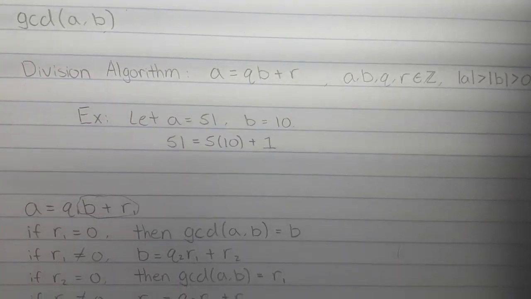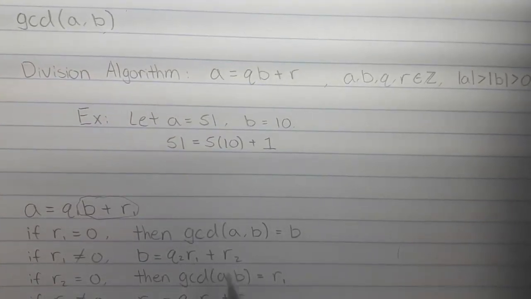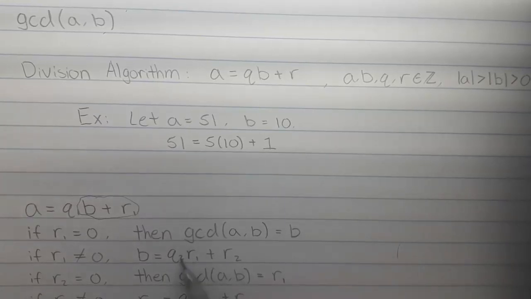Now we repeat this pattern. We check if R2 is equal to 0. And if R2 is equal to 0, then the greatest common divisor will be the last remainder that is not equal to 0. So in this case, it will be R1.